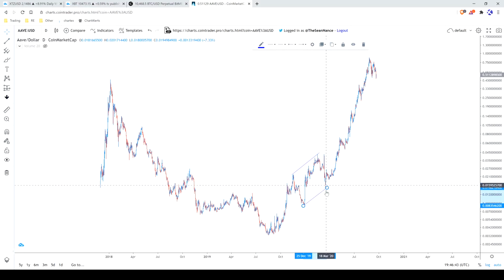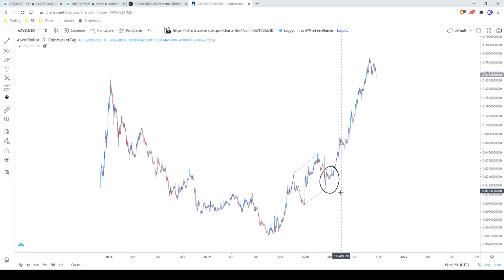What I'm suggesting buying is something like this right here, for a large move up on Tezos to all-time highs.